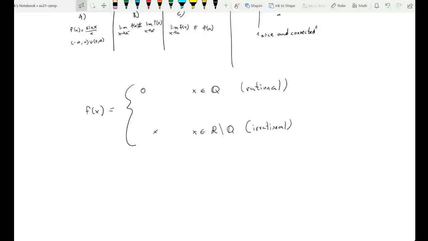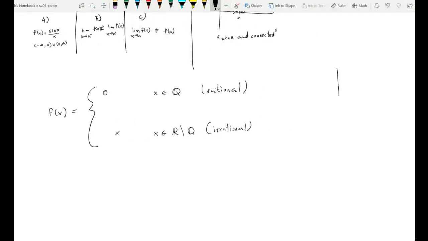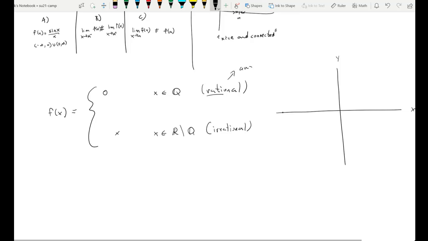If you have the graph of this function, there's infinitely many points on the number line which are rational, like fractions, any number expressible as a ratio of two integers.